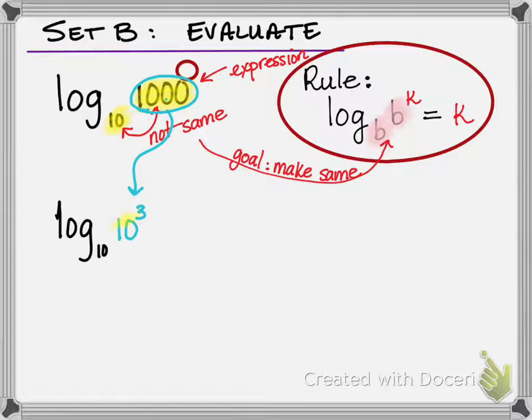Because my goal was to try and make this and this number identical so that I can have a k value to isolate. So my answer is going to equal whatever that k value is, and it's a 3. And what does that do? That makes me very happy. So this is what I always do. See the smiley face? I'm very happy because it canceled, if you want to think of it like that. And that is my answer.